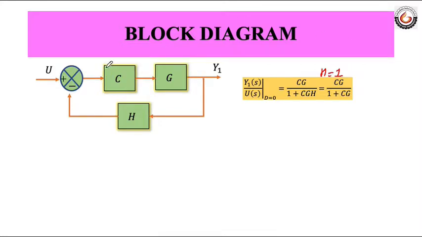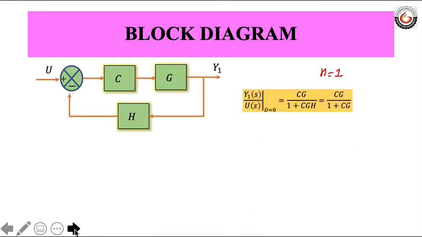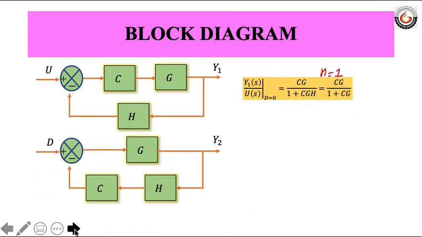Now we will find another transfer function by making my input 0. I am making U equal to 0 in my earlier diagram, so it will not be there, whereas D will be present, and I remove this part. How will my circuit look in that case? This is how it will look.